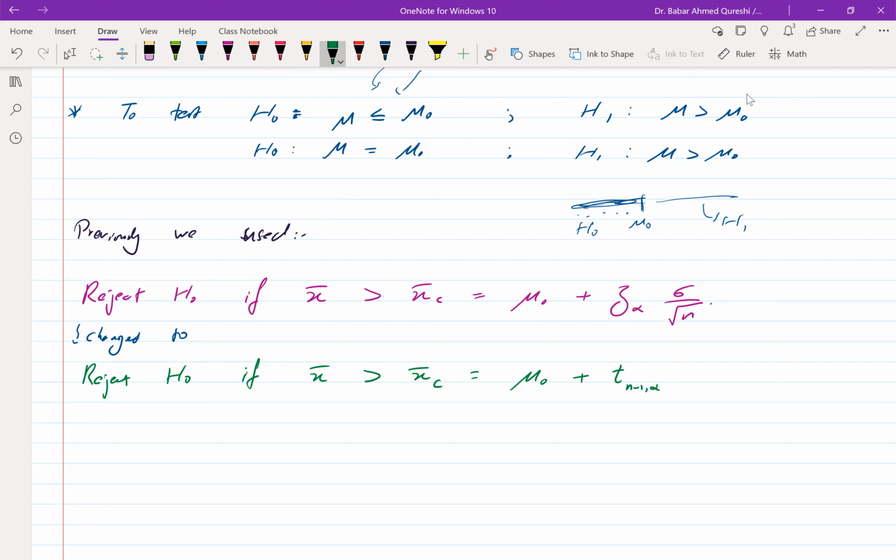And again, this alpha is representing the significance of the test. This is the sample size. And again, you just replace the standard normal with the t, and this population standard deviation is replaced by the sample standard deviation.